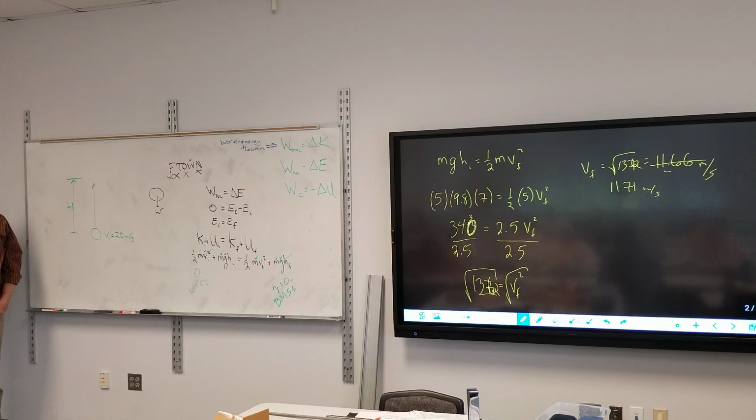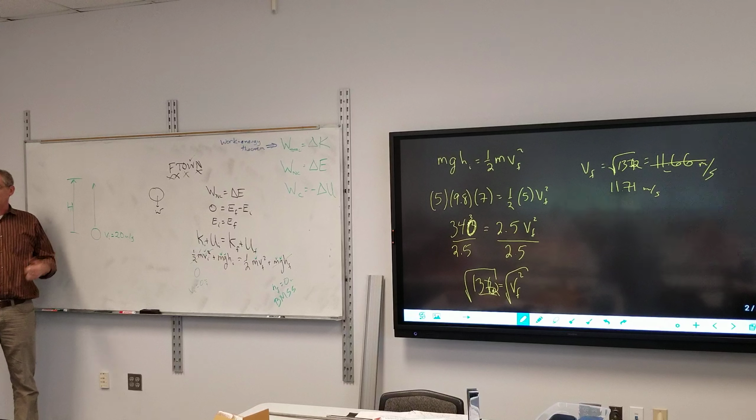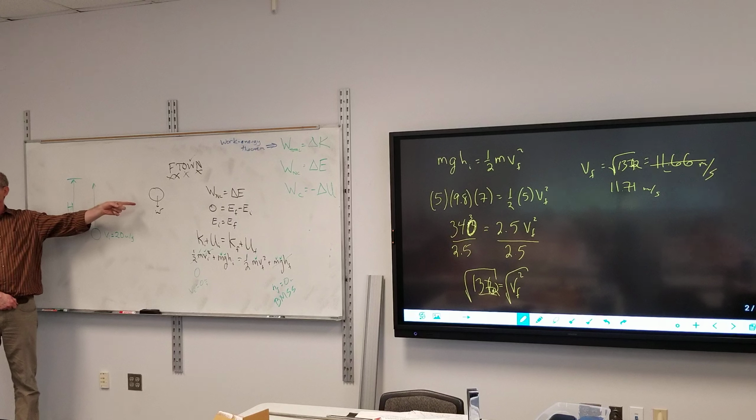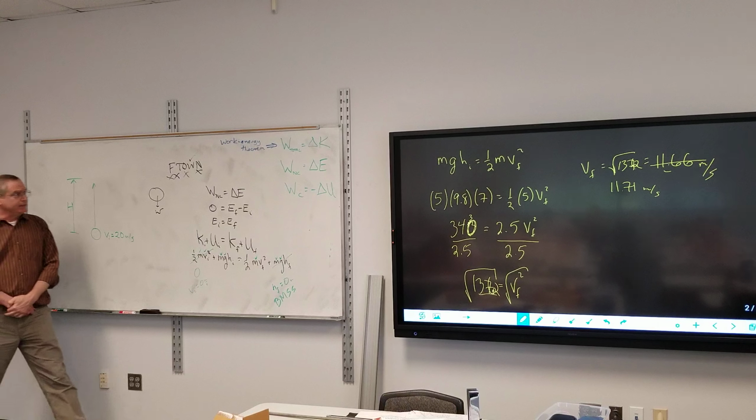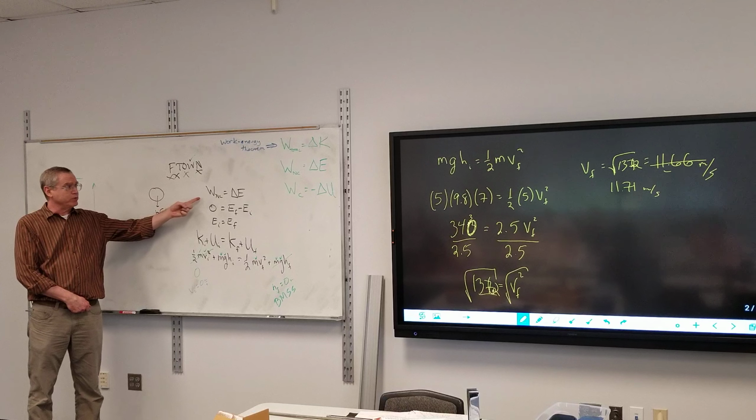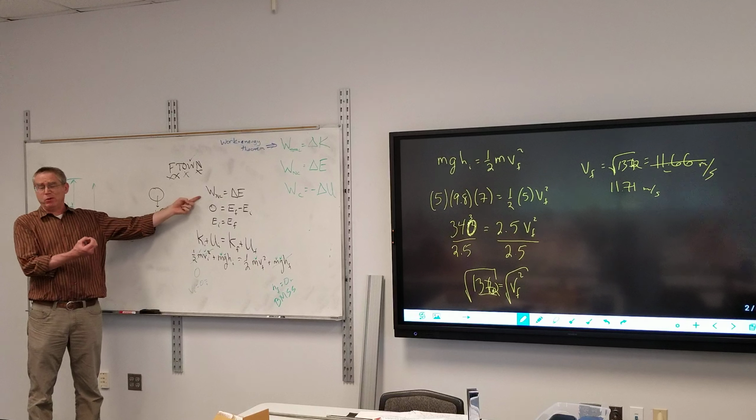While it's in the air, this is after it's already been projected. What are all the forces acting on it after it has been projected? Yeah, that's it. The force diagram doesn't change. There are no non-conservative forces, so therefore non-conservative work is 0.